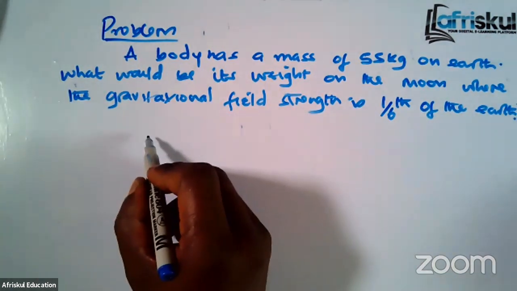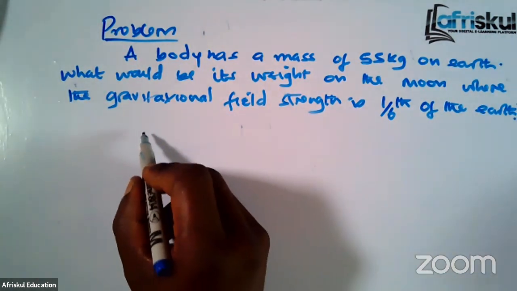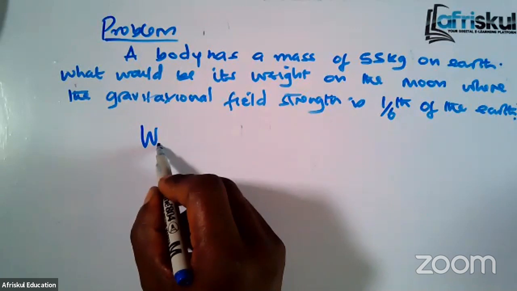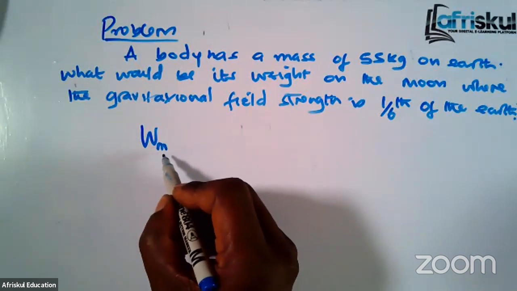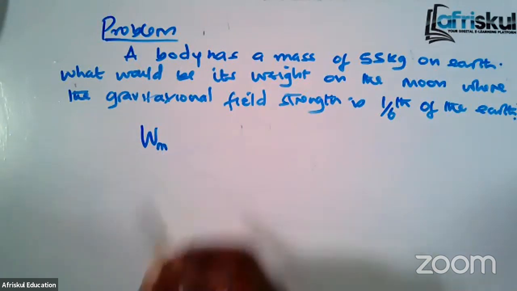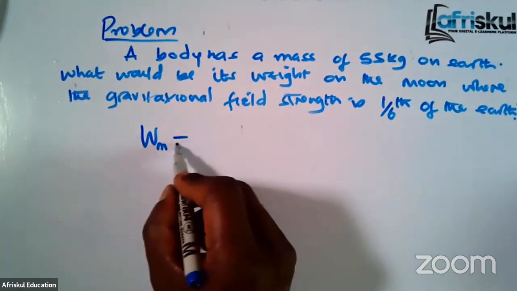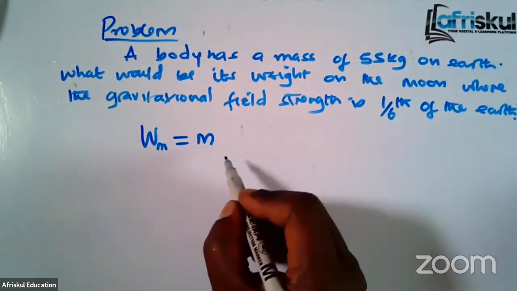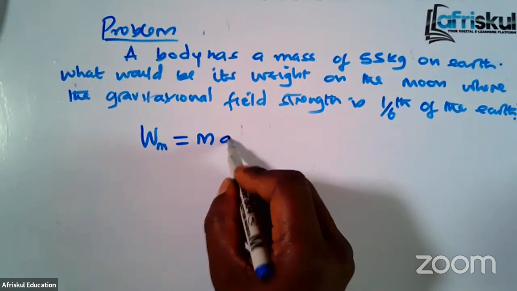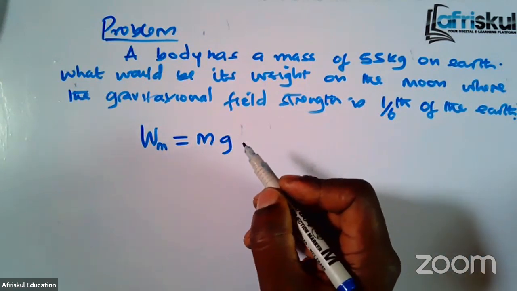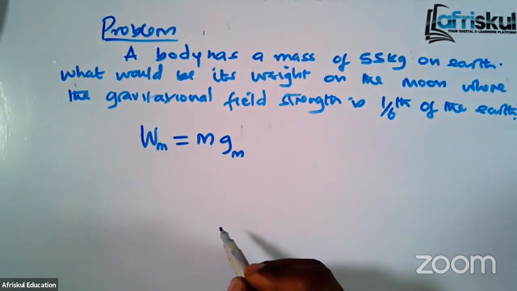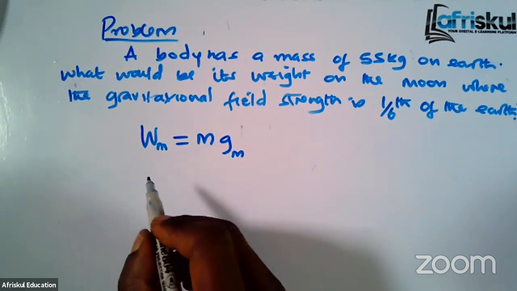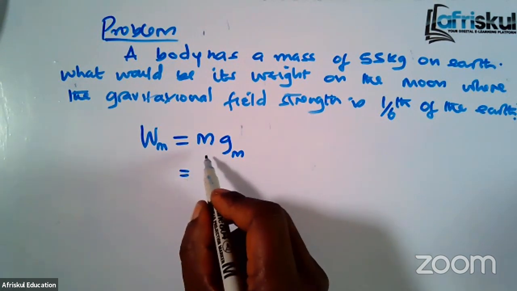So we are now being asked about the weight on the moon. So we can say weight, and I'm going to give it a small suffix here, m, to mean this is the weight on the moon, is going to be the mass times the gravitational field strength of the moon. Now, the mass remains the same.